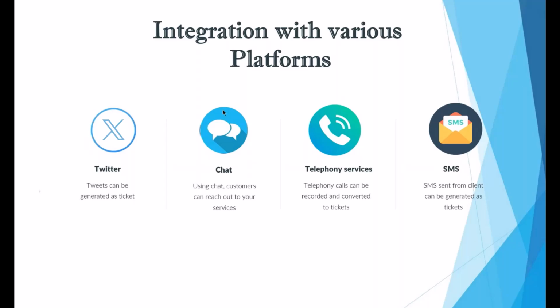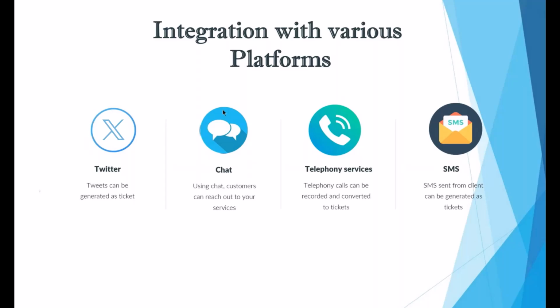We also have integration with other platforms like Twitter. The tweets that are being generated can be created as tickets in the system. Whatever tweets your clients or support agents add over there can be converted into tickets. Similarly, clients can also approach you with the help of chat. Whatever messages they send on the chat can also be fetched as a ticket in the system.